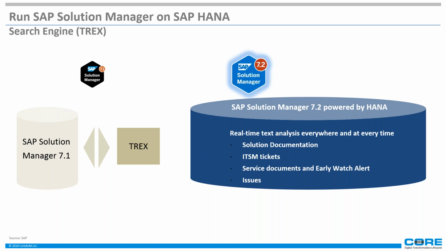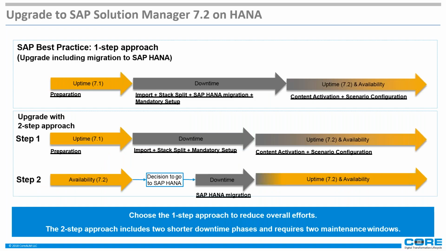If you have TREX in the past and you decide to go with a traditional database, in cases like Sybase, Oracle, DB2, and MS SQL, you would have to have a standalone TREX engine and then integrate that with Solution Manager. So another advantage of going to HANA is no need for a separate TREX engine for the searching.